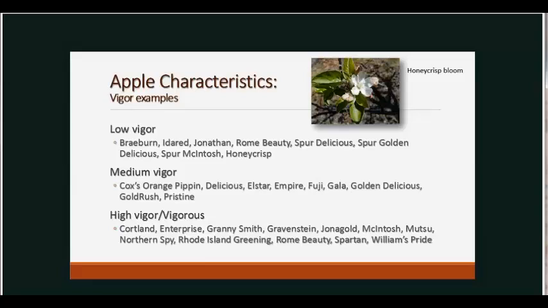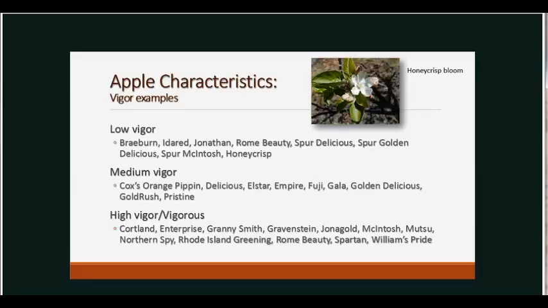All of those are notoriously low vigor, and when they're put on a low vigor rootstock, we see a tendency to come into cropping too soon, runt out, and not fill their space appropriately. So these we usually recommend that you put on a high vigor rootstock. So kind of keep that in mind when we get to the rootstock. I'll be talking about the vigor on the different rootstocks.